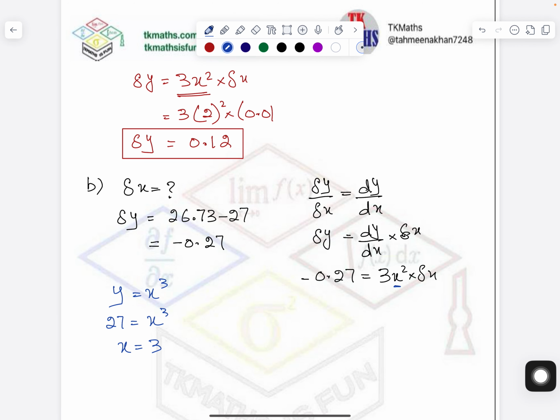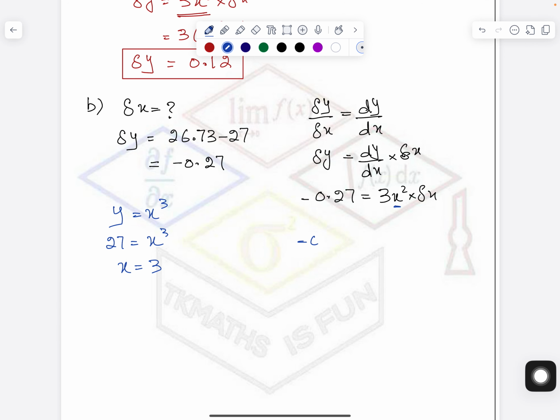So this is the value of x which you will substitute here to get the value of delta x. So let's pick up the calculator, and it will definitely be negative, minus 0.01.